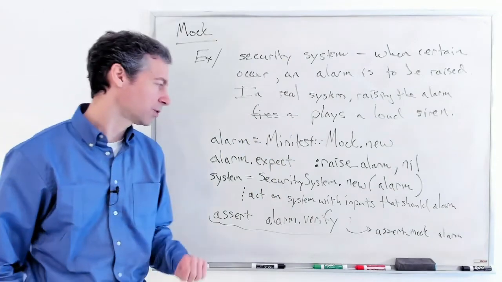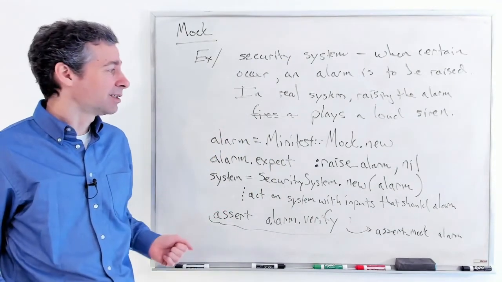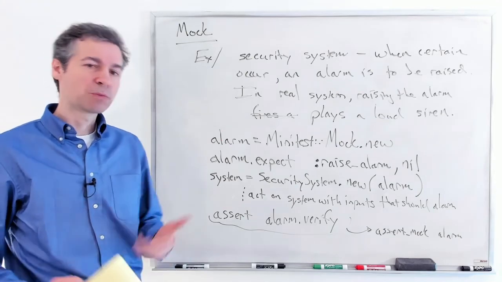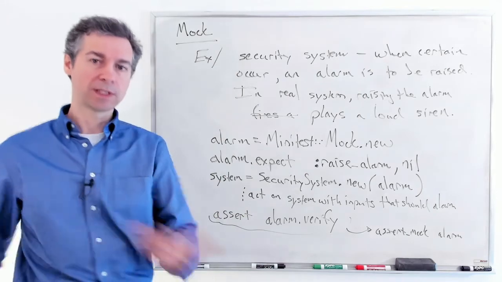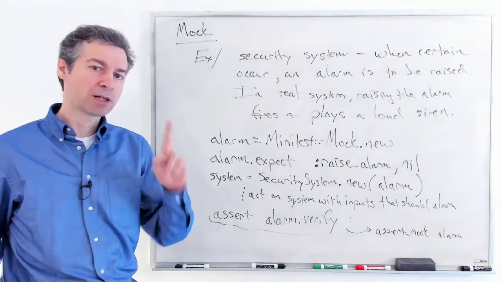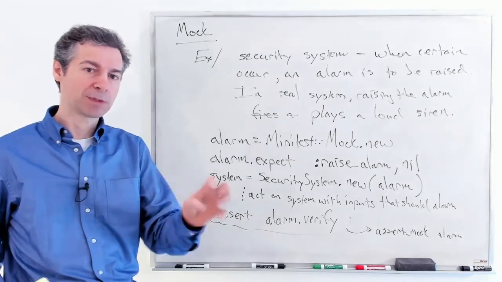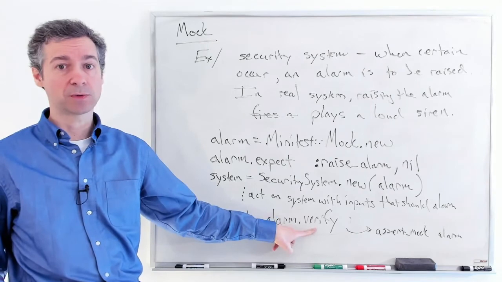Whatever works best for you. That's what mocks are. They're just a special type of double. They stand in for an actual object and keep track of whether or not a method has been called on them, and then let you verify whether that method was called.